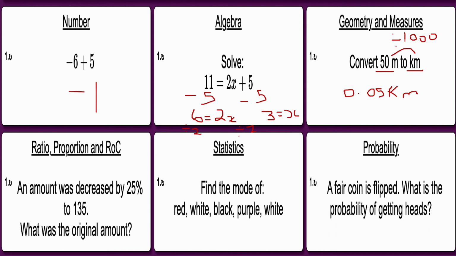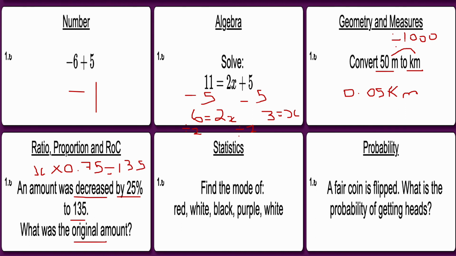For that question, we're now looking at ratio, proportion, and rate of change. An amount was decreased by 25% to 135. What was the original amount? Well, I'm going to be doing something times 0.75, because that's my decimal multiplier. If something's decreased by 25%, then I'm multiplying by 75%, which has to equal 135.